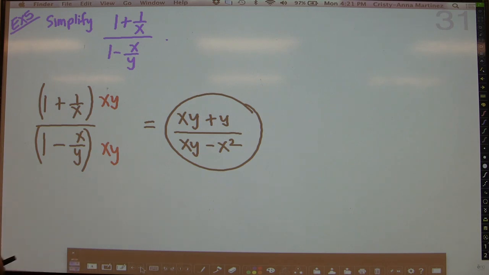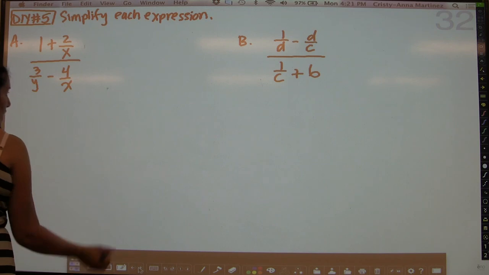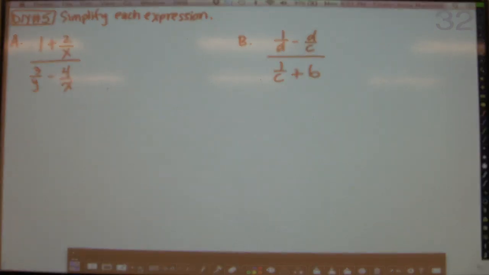But sometimes that might seem confusing for people, so I don't want you to feel like you have to do it this way, but it is a lot easier if you can follow what's going on. So again, in the future, you have these do-it-yourself questions. There's actually 4 of them.